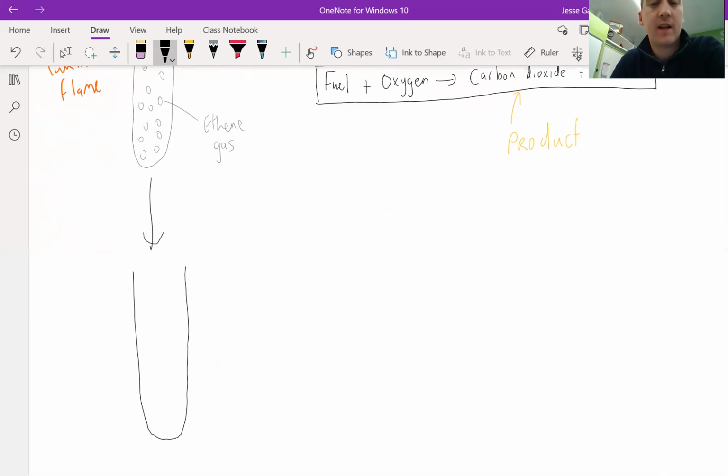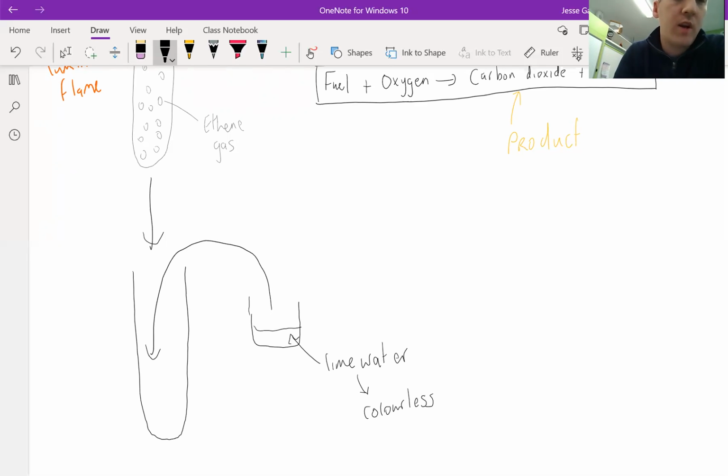What we're going to do is take a reagent. We've got a reagent in a beaker here. This is a reagent that we call lime water, and lime water is a colorless liquid. We're going to take our lime water and put it into our tube where we've just done our combustion.